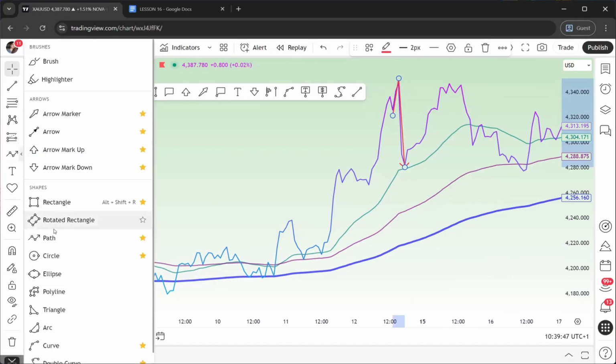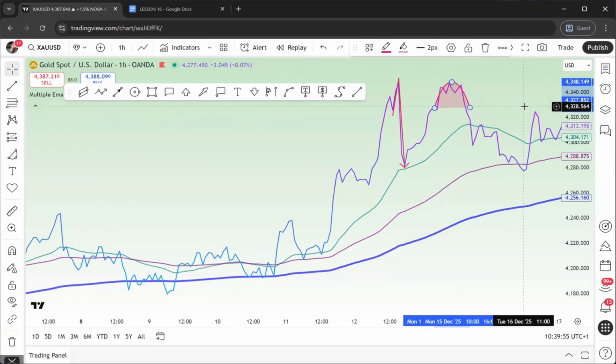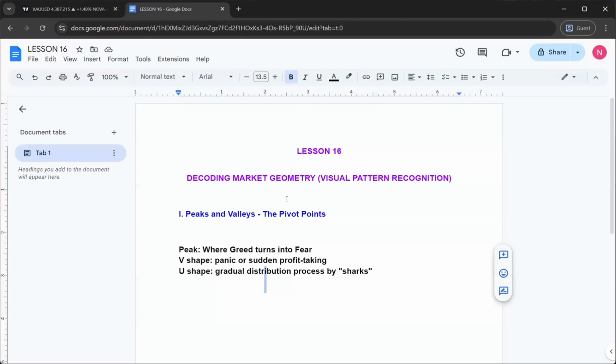And this shows you a U shape, isn't it? So you can see the different shapes and also the different meanings of the gold price when it has two different shapes like this on a real chart.